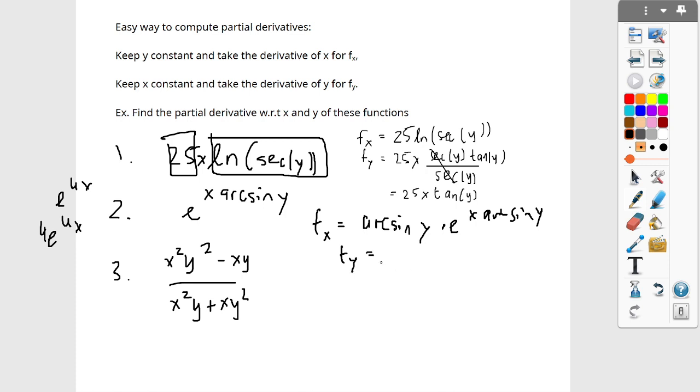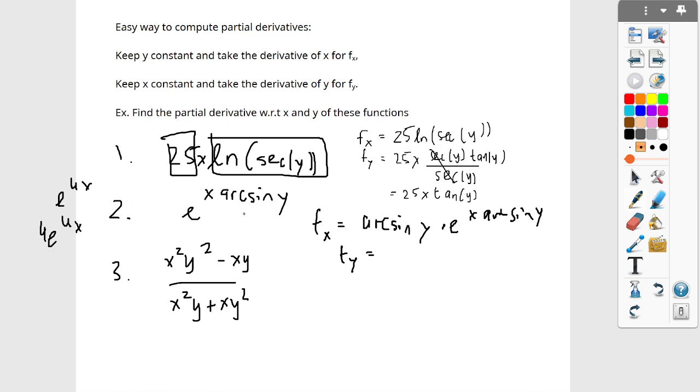What is f sub y? F sub y is, well, in this case, now we actually have to differentiate arc sine y. So we have, this is like e to the 2 arc sine y, right? Because the x is the constant.